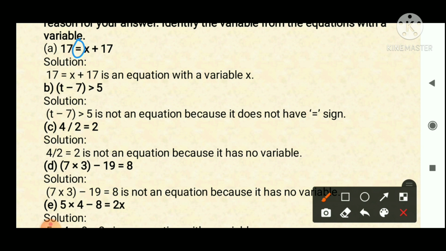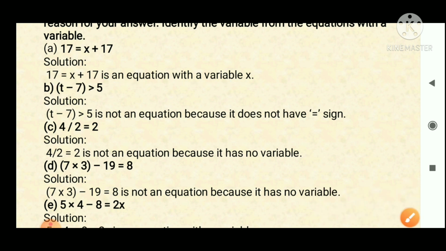Also in that equation the variable x is used. So 17 is equal to x plus 17 is an equation with a variable x. Here the equality sign is used, so this is an equation, and a variable is also used, so this is an equation with a variable x.